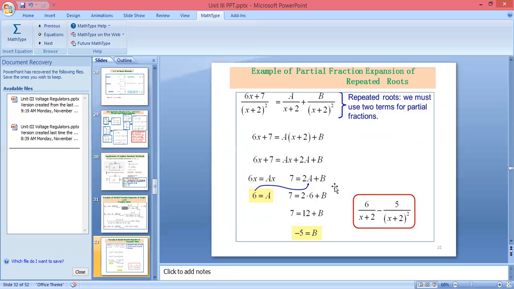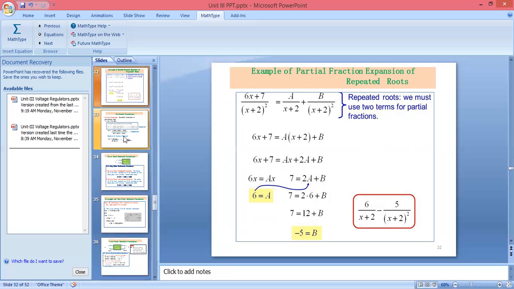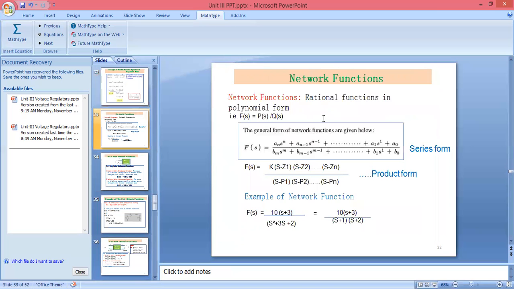If you solve, you will get the values for A and B. You can put these values in the equations and you will get the simplified equation and the solution.